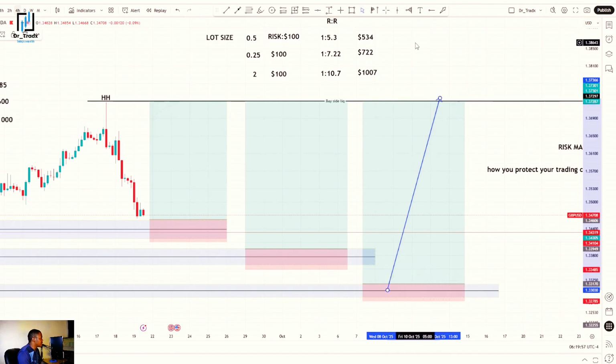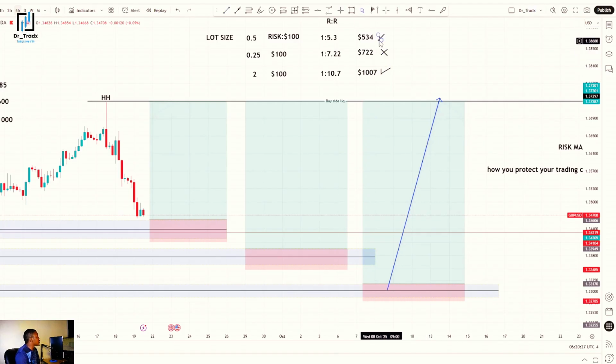That means we've lost 1, 2. This trade was not a success. This also was not a success. But this one was a success.